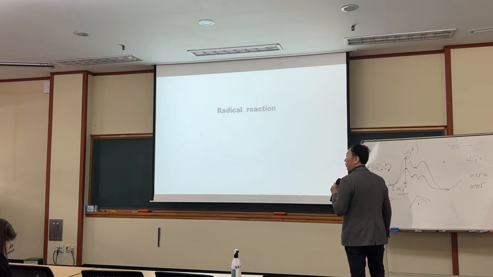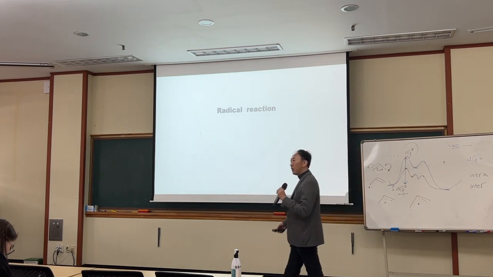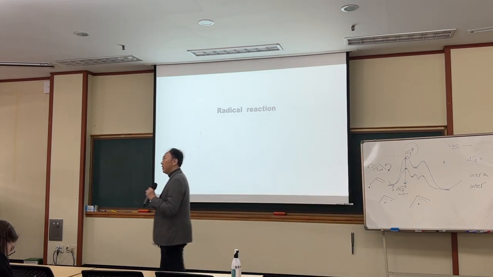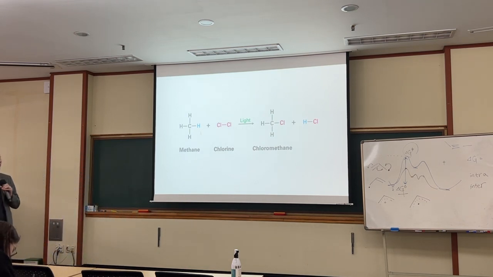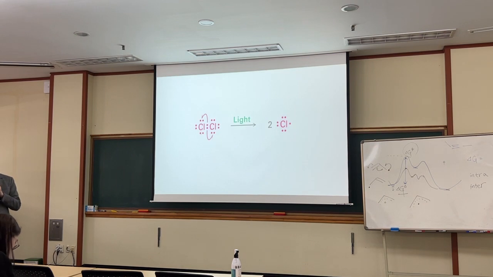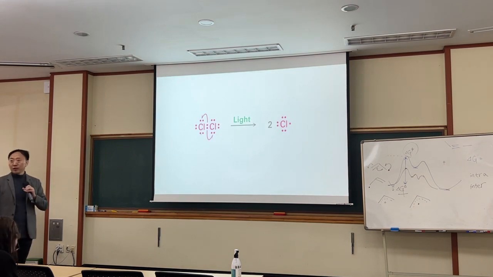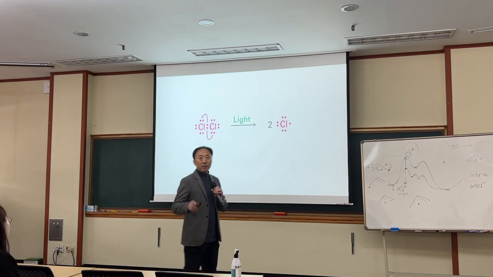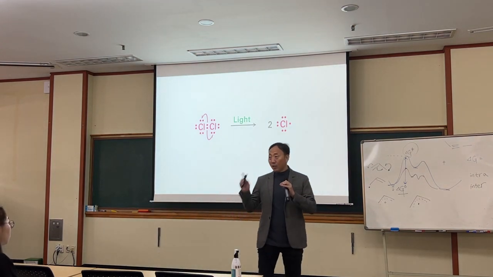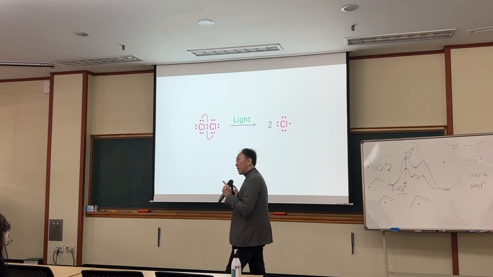Okay, so by reaction type, there are radical reactions and polar reactions. To do a radical reaction, we need to break the bond in the middle. For this, the weakest bond will be broken. You can determine which is weaker by the bond dissociation energy.